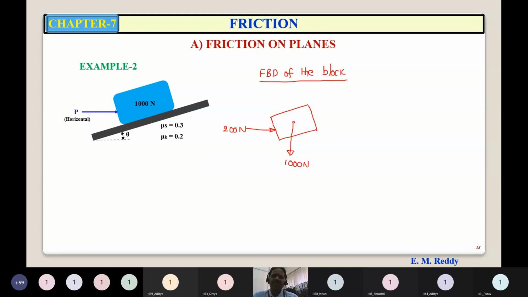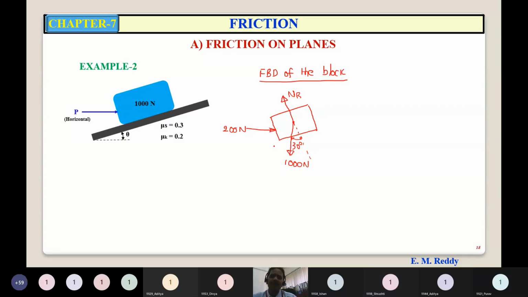And the normal reaction offered by the inclined plane is perpendicular to the plane, say NR. The plane makes an angle theta, given as 30 degrees. Let us say that under the system of these forces, the body is moving downwards.